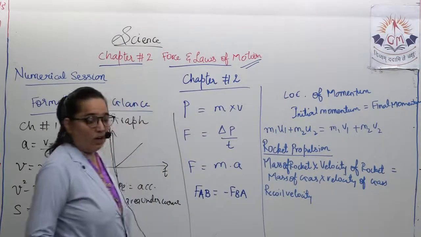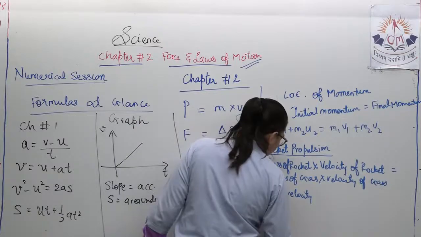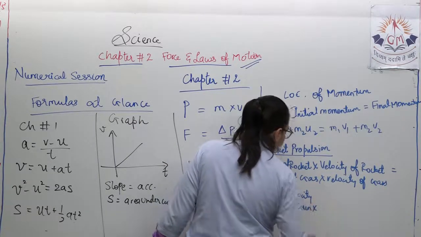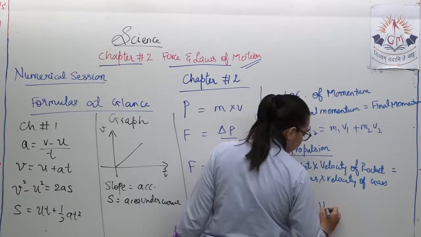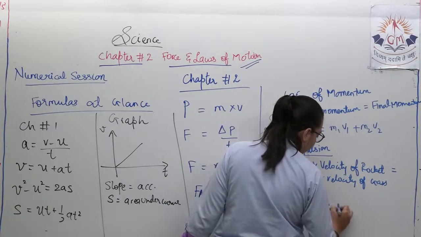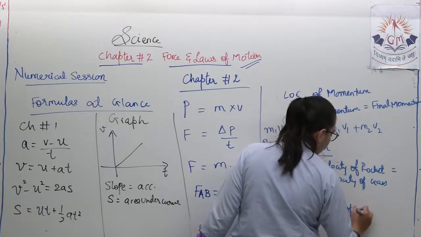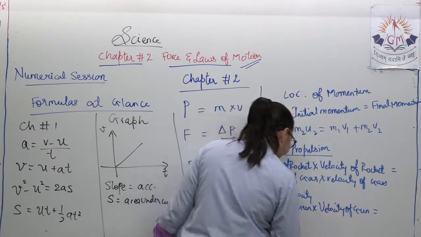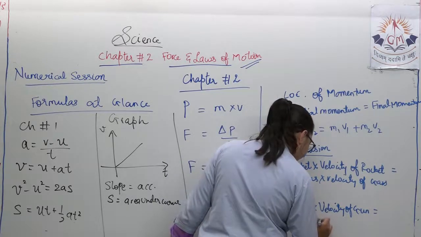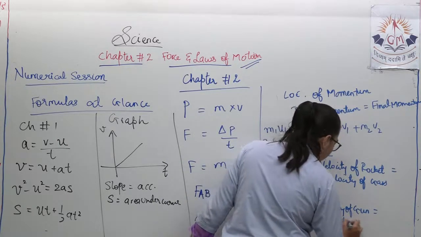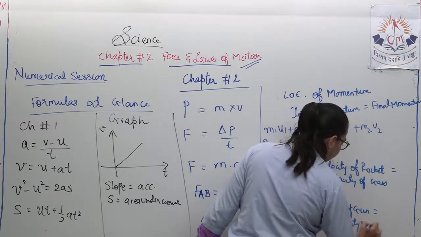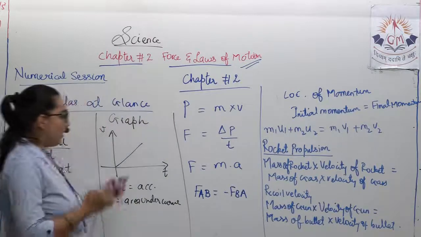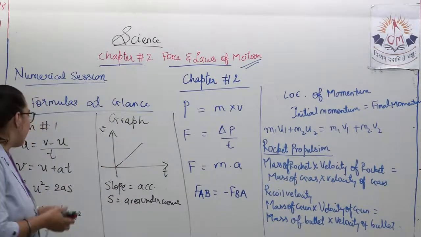What is the recoil velocity? Mass of gun into velocity of gun is equal to mass of bullet into the velocity of bullet. So these are almost the only formulas that we are going to use.